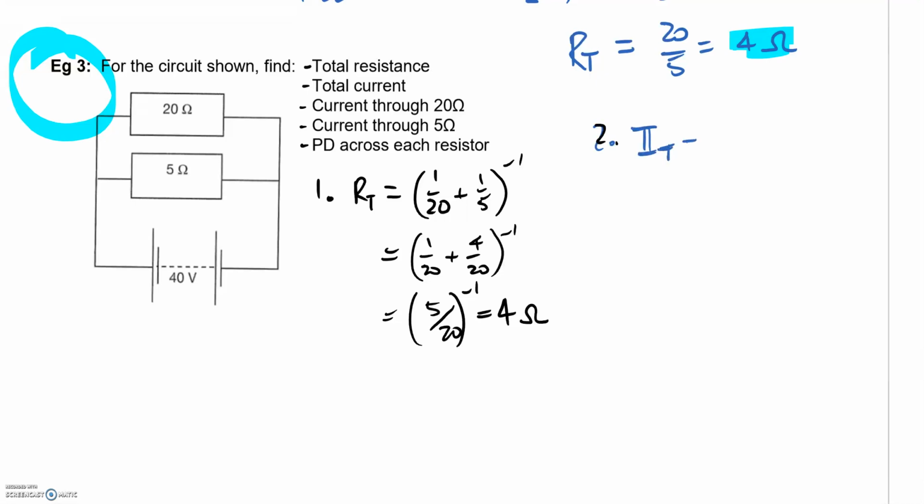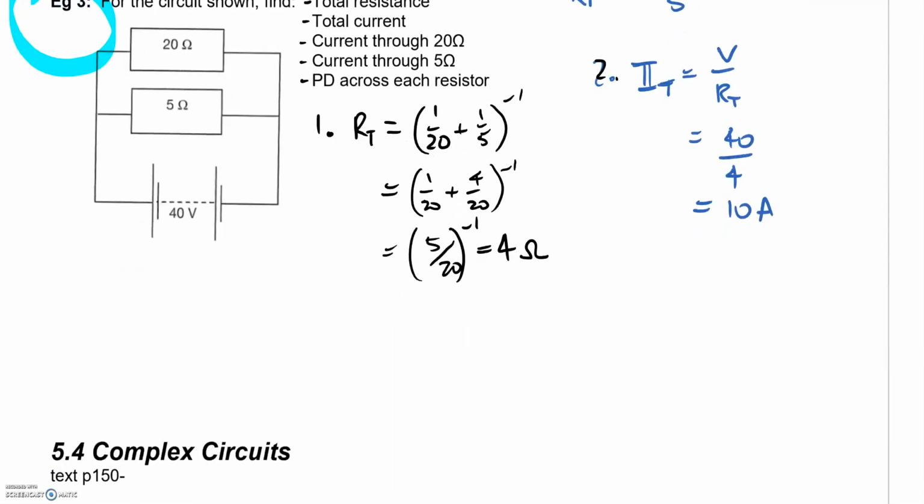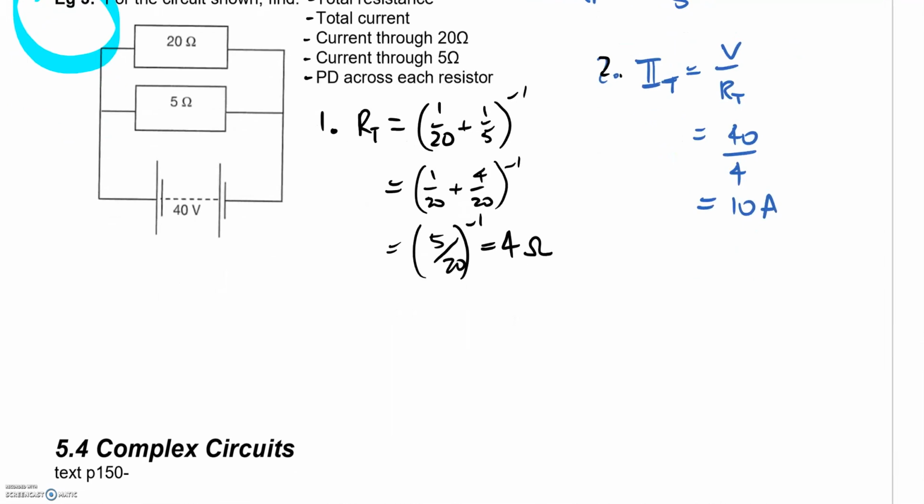So the total current, number 2, is, again, straight onto Ohm's law. The total current is V on R. The total resistance, we got 40 volts, 4 ohms, so it's going to be 10 amps. Alright, so your current through number 3, we're going green.